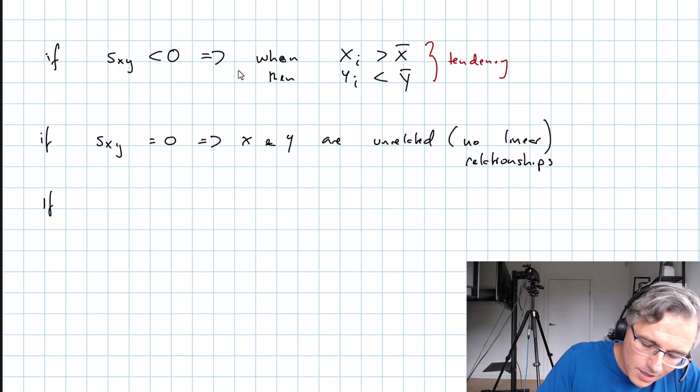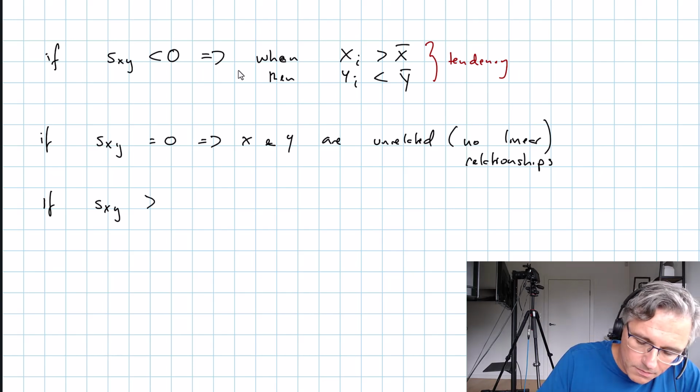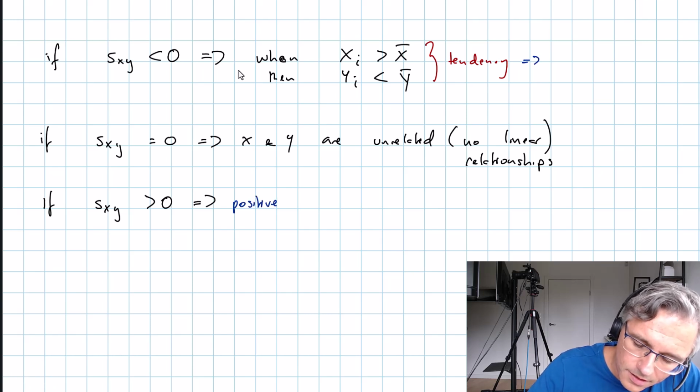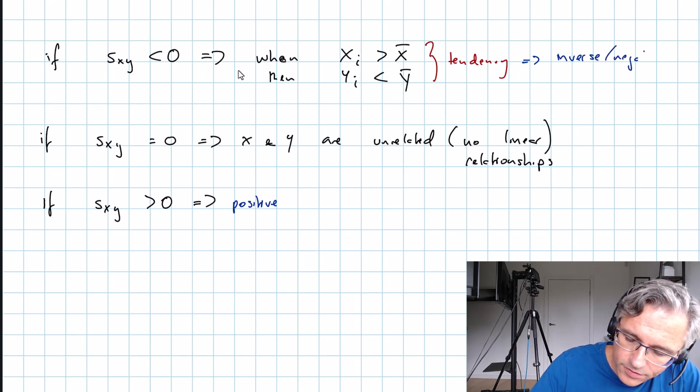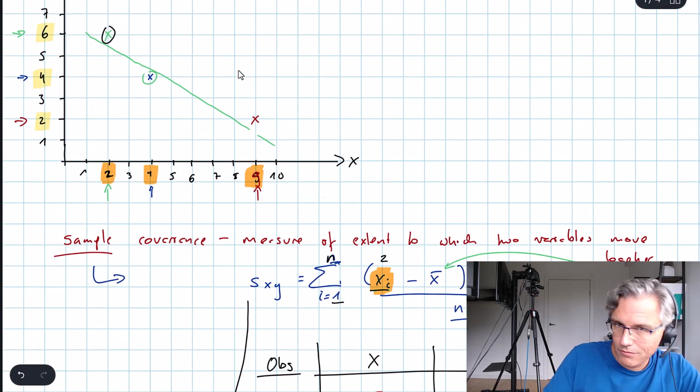And of course, if the covariance between x and y would come in as something positive, we would conclude that there is a positive relationship between them. Just like here, the tendency here is for an inverse or negative relationship. Hence, the line that I drew over here was downward sloping.